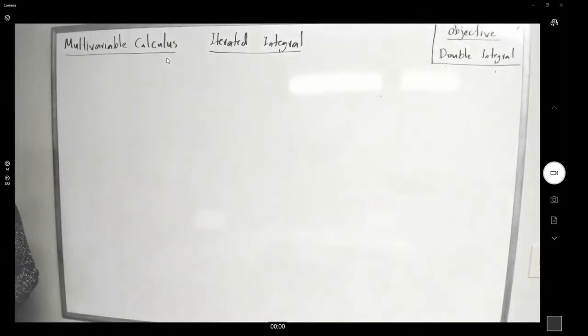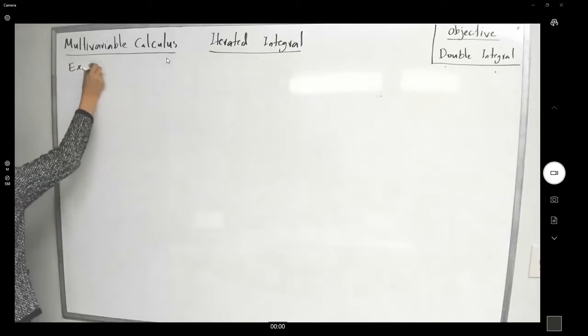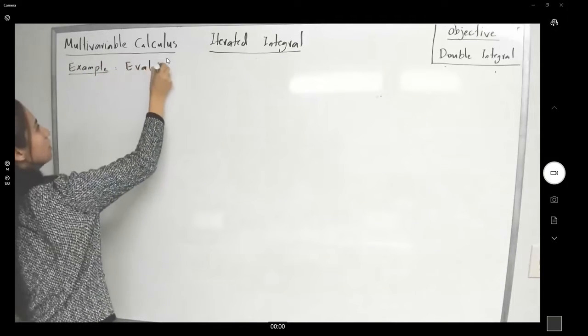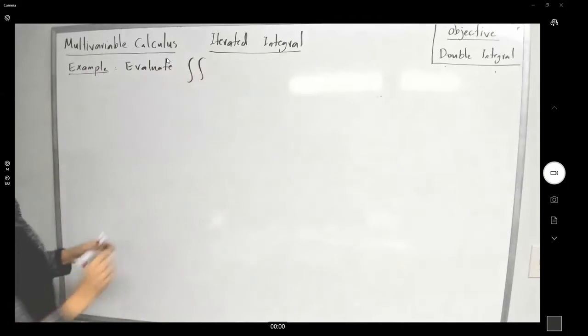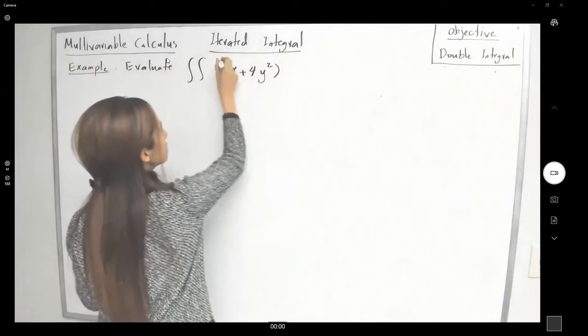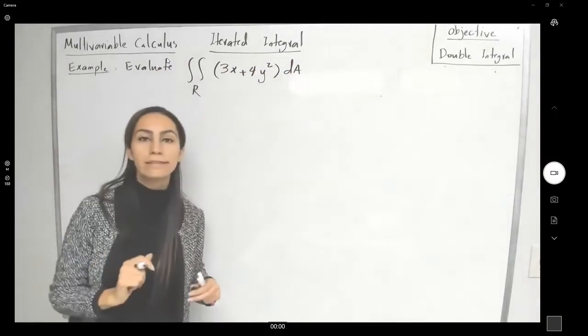This example says, evaluate the double integral of 3x plus 4y squared dA over region R, and they define this region this way.